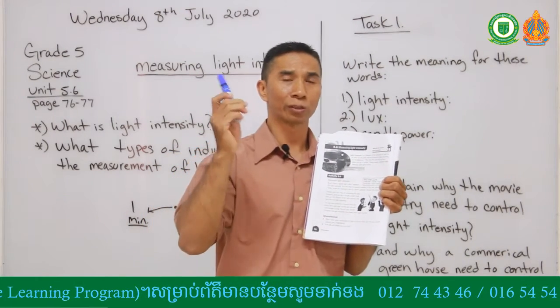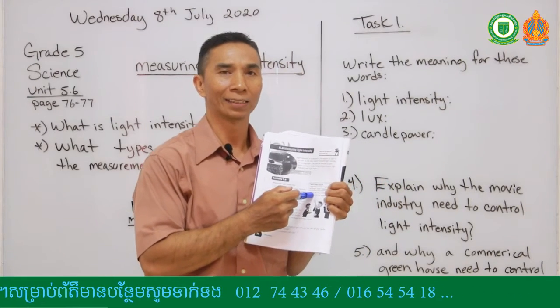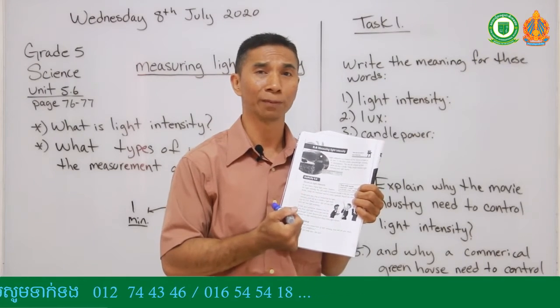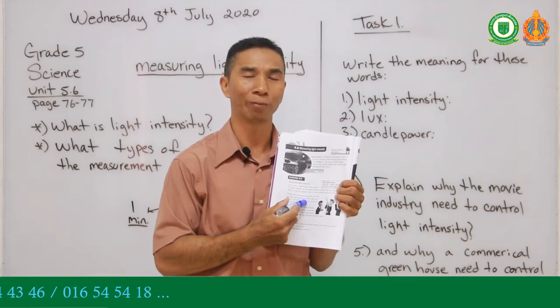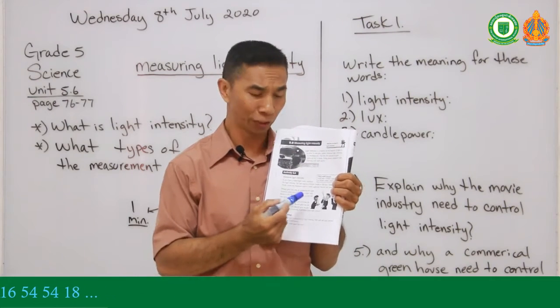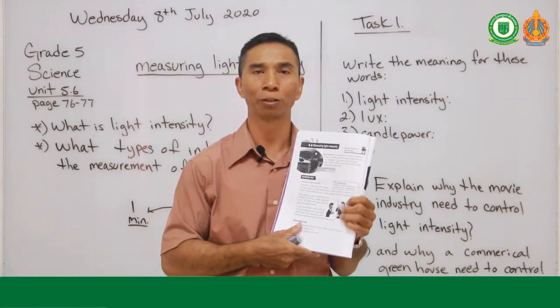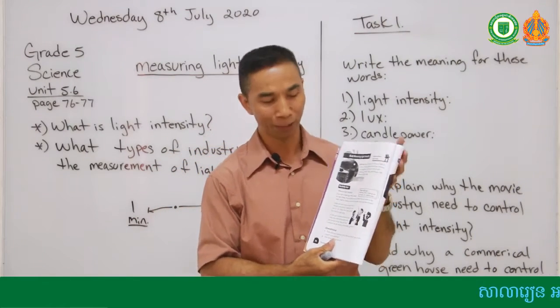Once you close the curtains or turn off the light, you can also measure the light intensity in your room, whether it is 1 to 10, bright or dim. This is based on your own judgment. I want you to do this experiment by yourself, and once you have completed it, please post it back on our Telegram post so your classmates and I can see your experiment.